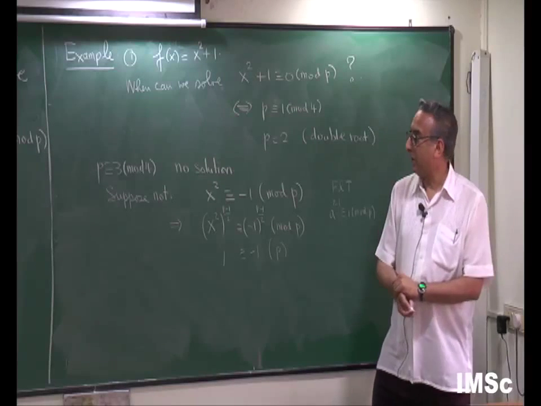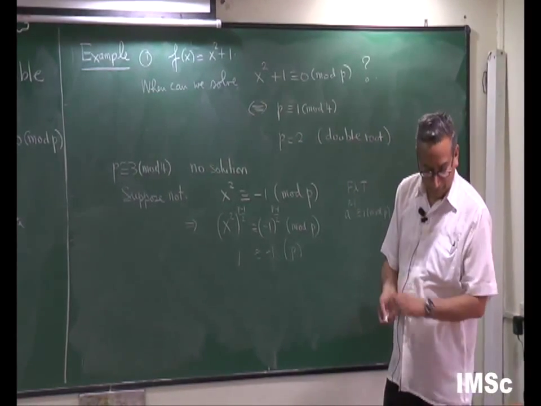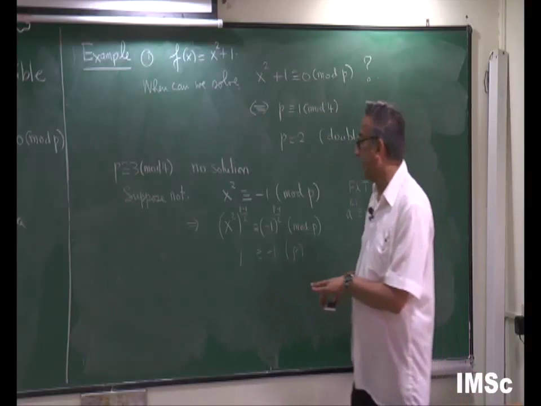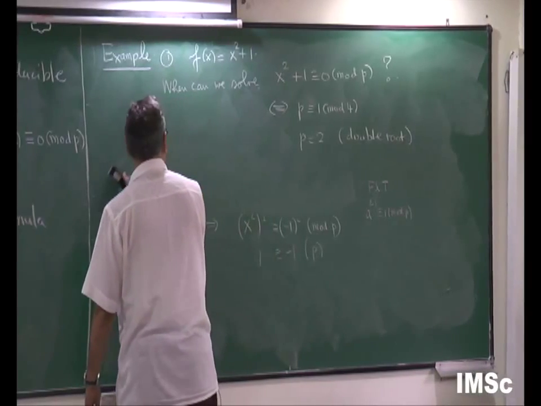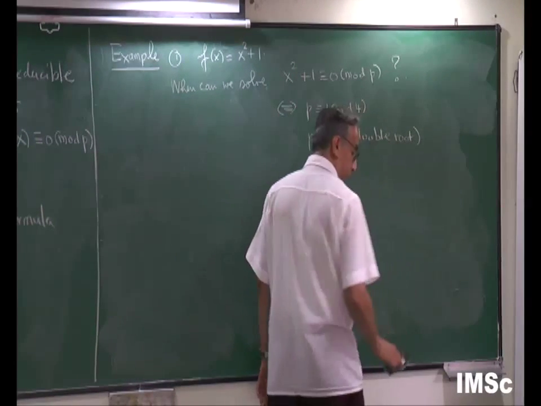Fair enough? So at least, if there is a solution, p has to be congruent to 1 mod 4. Or p is 2, of course, you can do it by inspection, right? All right. Let's do p congruent to 1 mod 4. Let's try and show that there is a solution.